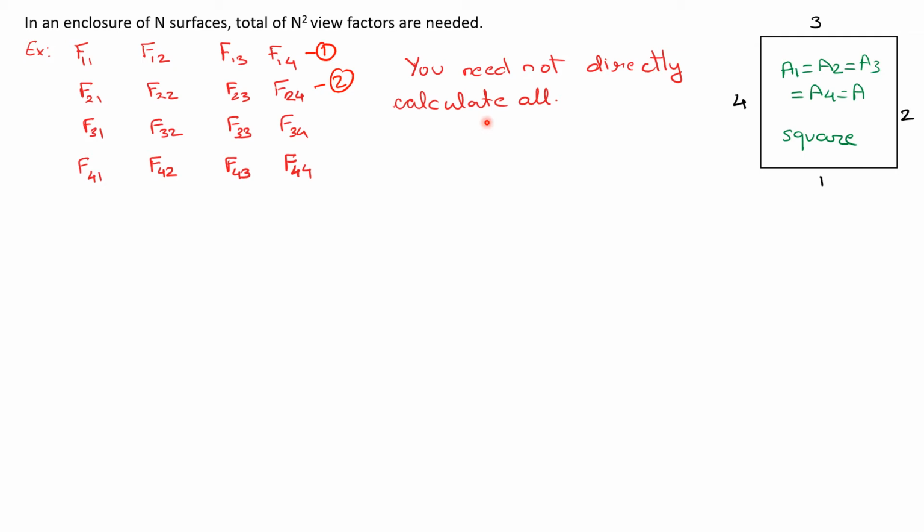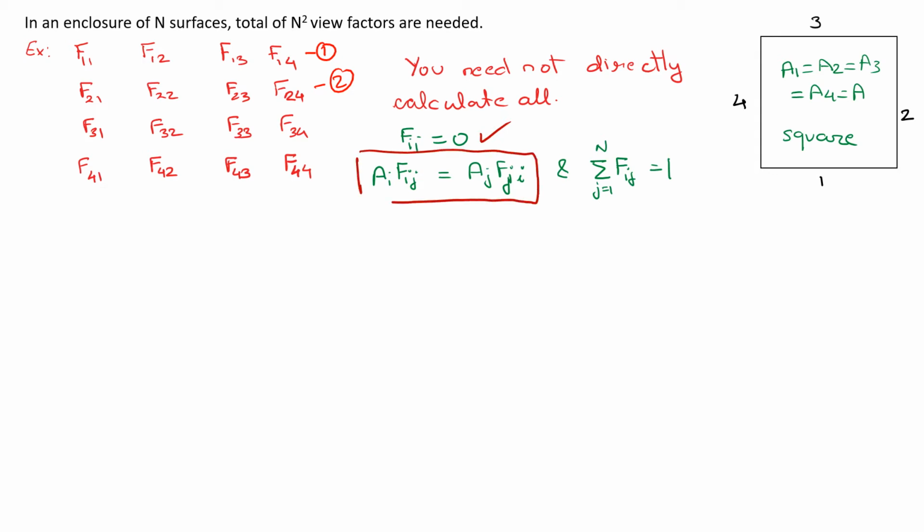So let's see what our view factors will be when we apply the reciprocity and summation rules. We use the relation F_ii equals 0, and reciprocity, that A_i F_ij equals A_j F_ji, and the summation rule. Because we have a square, A_i will be equal to A_j.